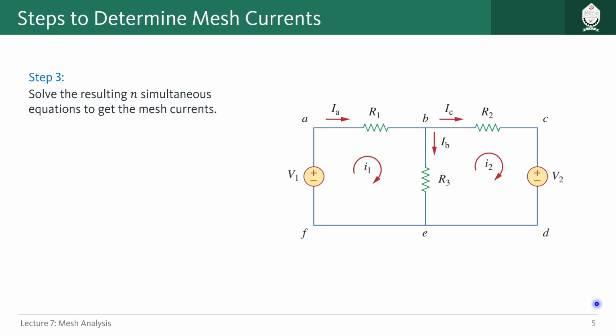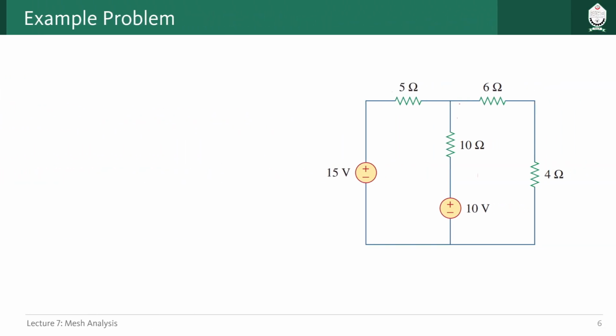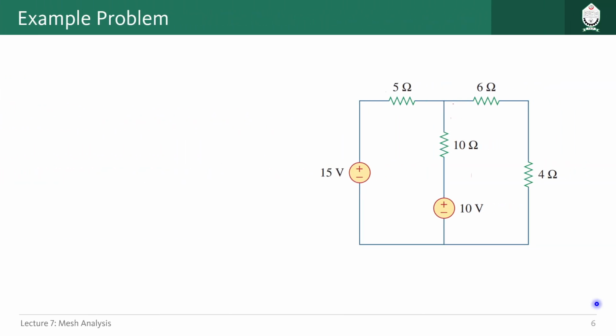Okay, now let us look at a very simple problem, and we'll see how we can solve this one using mesh analysis. Here, as you can see, we have two meshes, right?